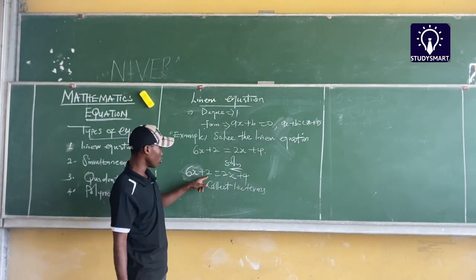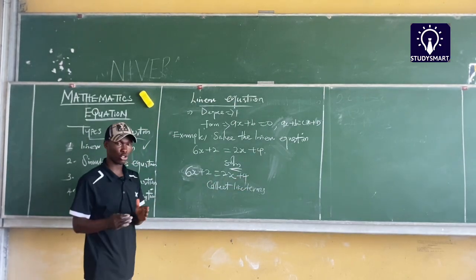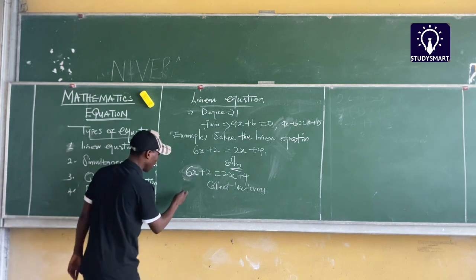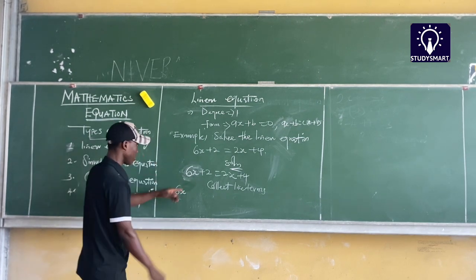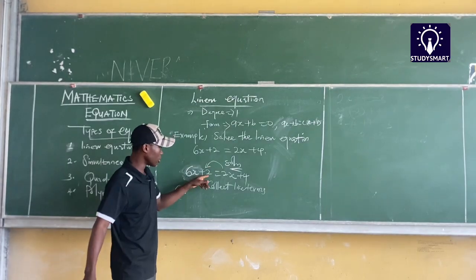And 2 is carrying no x, and 4 is also carrying no x, so we shift them to one side. So from here we have 6x, and this 2x here will have to come this way and replace this one here.